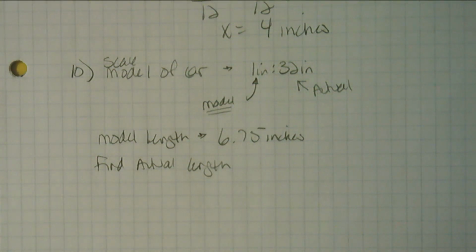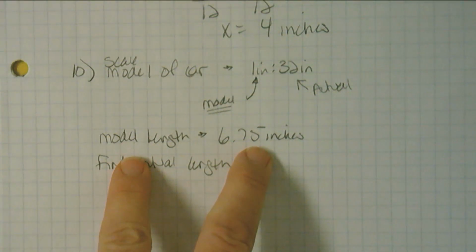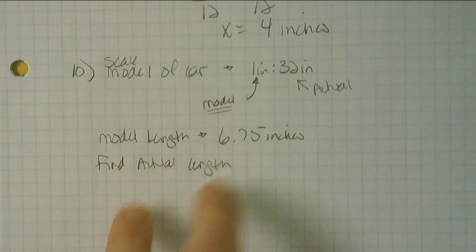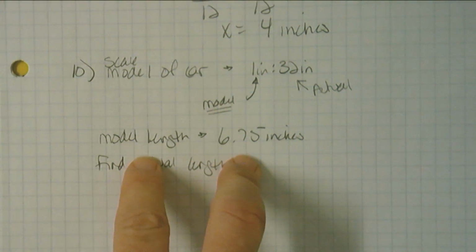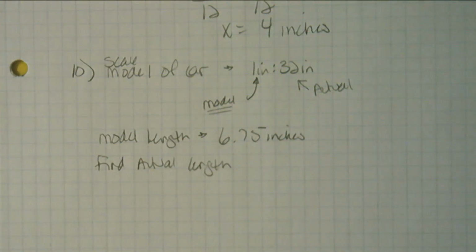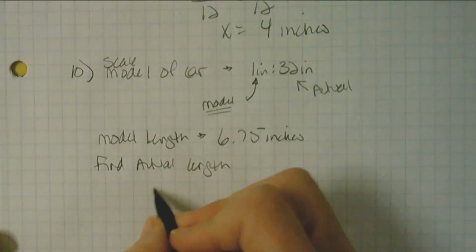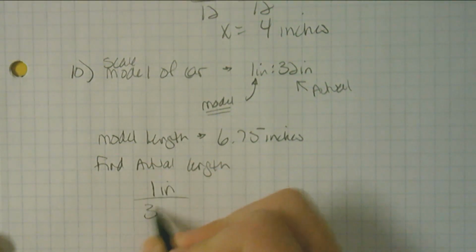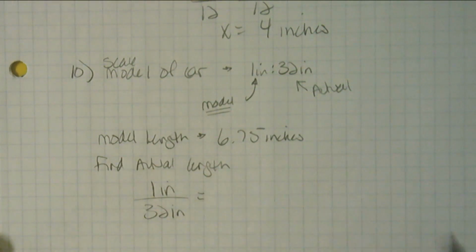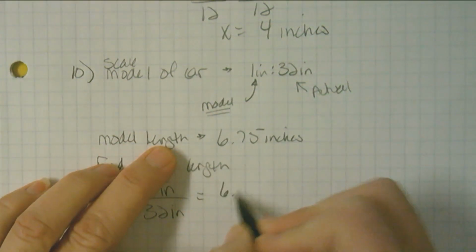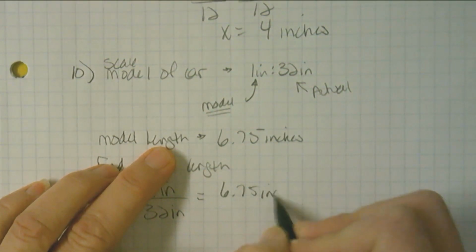Taking the time to write down your givens and be very specific with your givens is really, really important. Recognizing that this 6.75 inches was your model and not your actual was really important here because they're both in inches. That can throw you off. So make sure you read exactly what that measurement is. So now I'm going to set my scale up. 1 inch over 32 inches is equal to, well, my model is 6.75 inches.